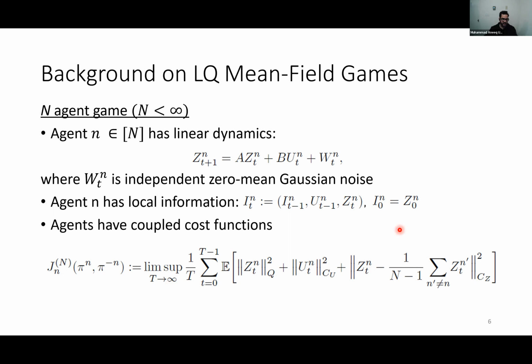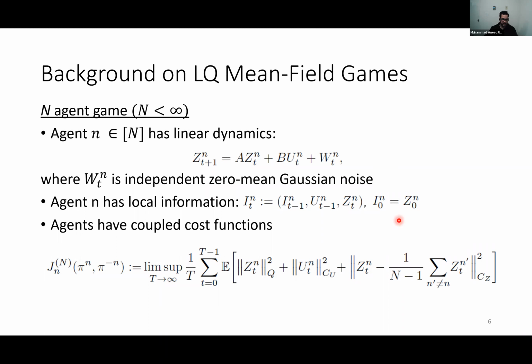And the agents have coupled cost functions. So the dynamics has no coupling, but the cost function has a coupling. The reason we chose this model is that we were assuming a formation control application. In that application, we typically have cost functions which are coupled, but the dynamics are generally not coupled.